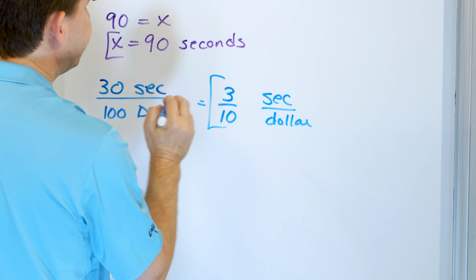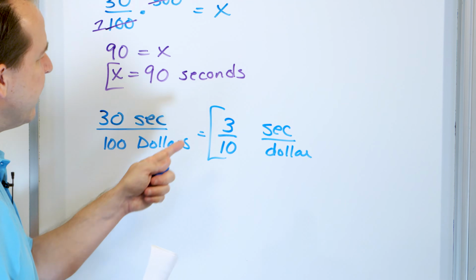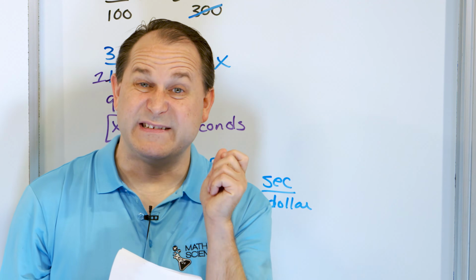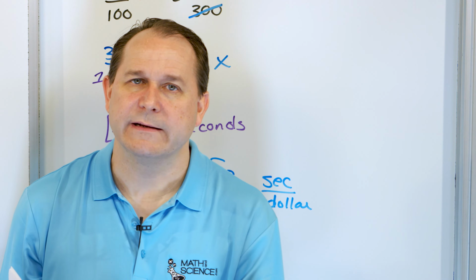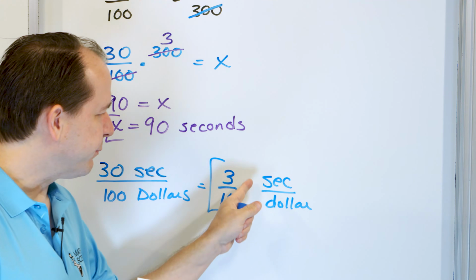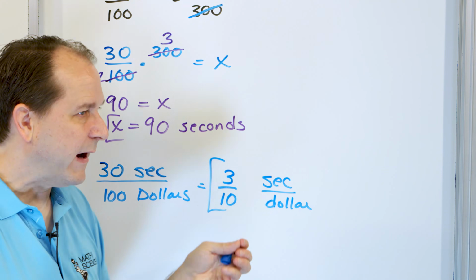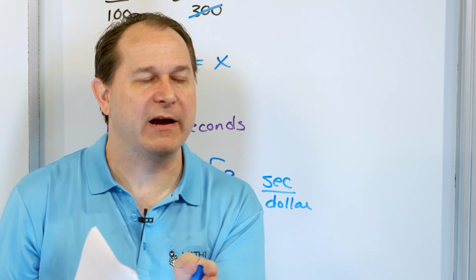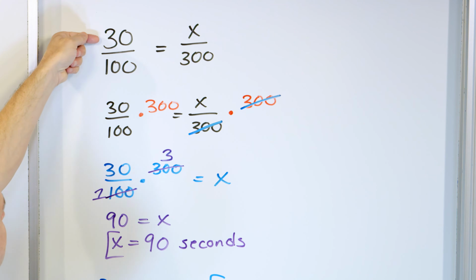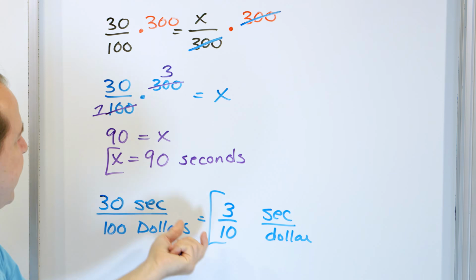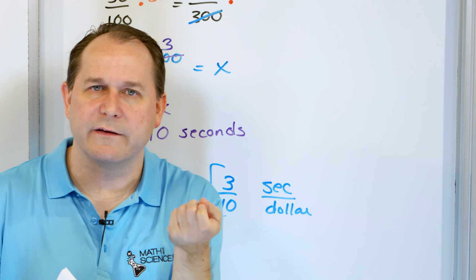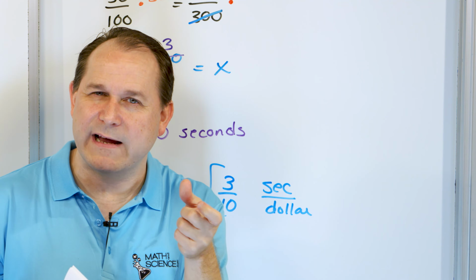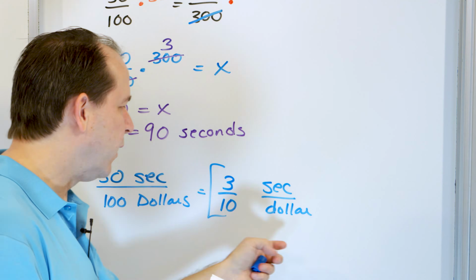This is the simplified ratio called the constant of proportionality. 3/10 of a second is smaller than 1 second, but that is the amount of seconds you can purchase for $1. This is the ratio of how many seconds I can buy per dollar of airtime. The original problem was 30 seconds for every $100. This is the simplified ratio. We call it the constant of proportionality, 3/10 of a second for every $1.